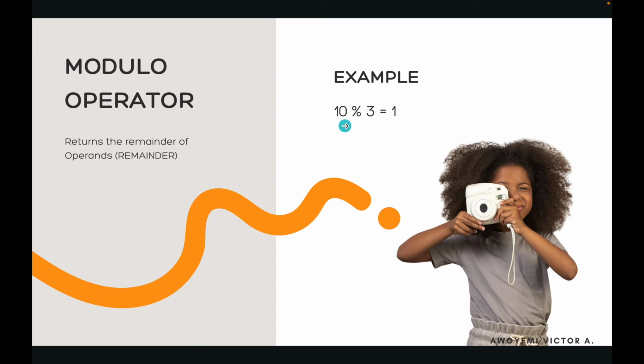If we are to divide 10 modulo 3, our left operand is 10, while our right operand is 3. 10 divided by 3 will give us 3, remainder 1. So 10 modulo 3 will give us 1, but 10 divided by 3 will give us 3. So modulo will always return the remainder, and if it doesn't find any remainder, it is going to return 0.